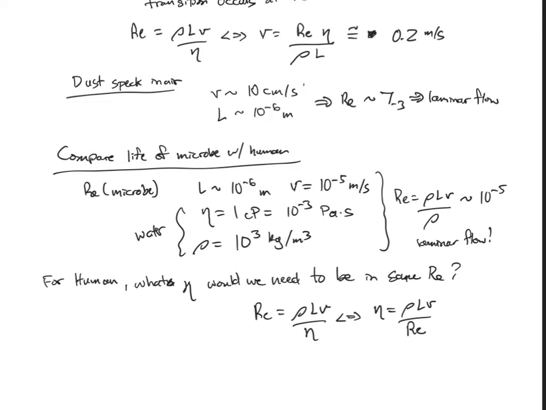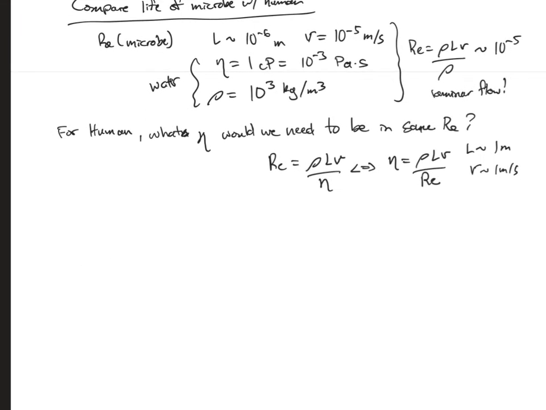For L, we'll take a typical dimension for a human being, maybe about a meter, and we are usually moving at a speed of around a meter per second. Again, this is typical of what you do with the Reynolds number. You're trying to estimate things to within a factor of 10, and very often you're only interested in the question of, am I in the laminar flow regime or the turbulent regime?